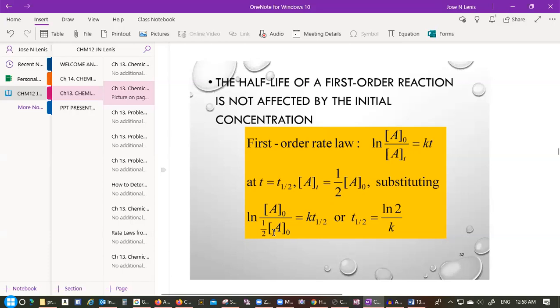Remember, this symbol represents half-life. We simplify this. Concentration of A initial over half of concentration of A initial, that gives you 2. 1 over 1/2 equals 2.